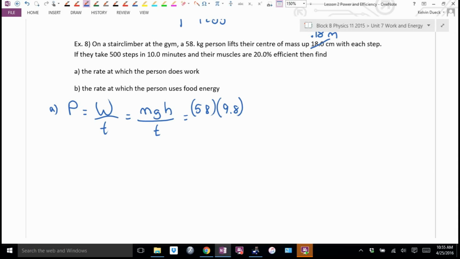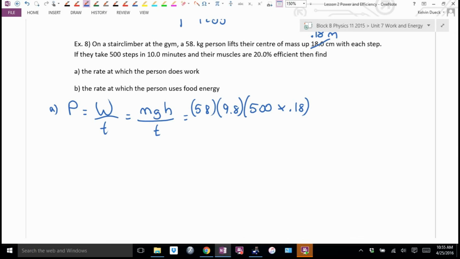Can you read to me the second sentence? 500 steps. If, starting with the word if. If they take 500 steps. Okay. I think the height is 500. That's the height. Is that okay, Eugene? I mean, this is how a stair climber works.